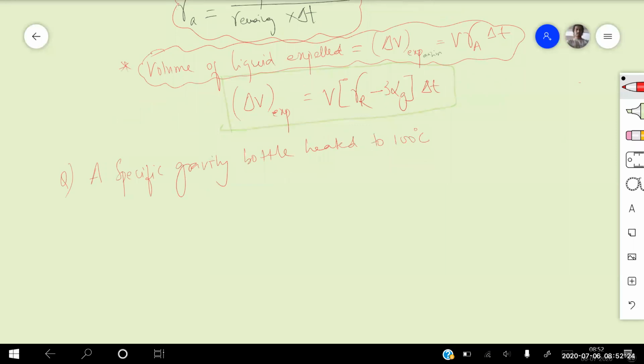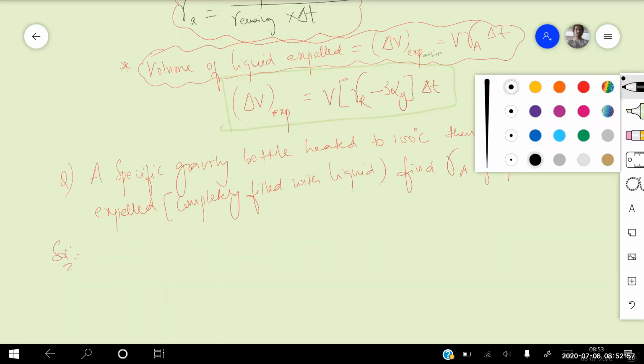Then 1% of liquid expelled, the bottle being completely filled with liquid. Find gamma A of your liquid.